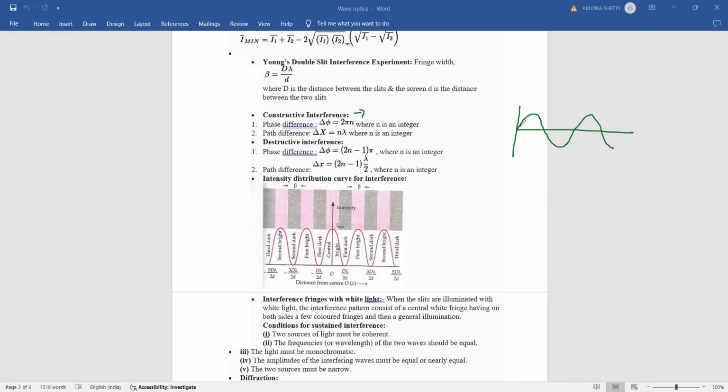So this is one wave, and I am taking another wave. The crest of the other wave and the crest of the first wave are overlapping. When the crest of one wave falls on the crest of the other wave, they just match.